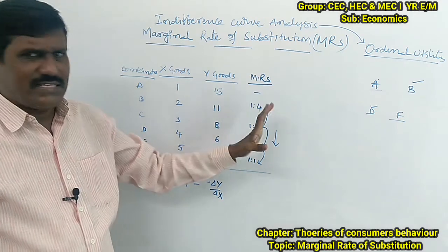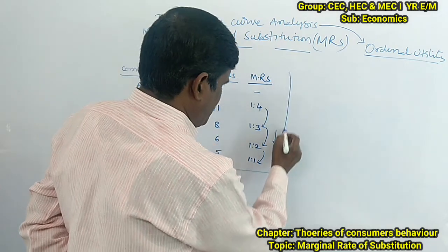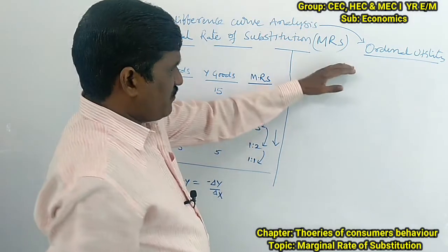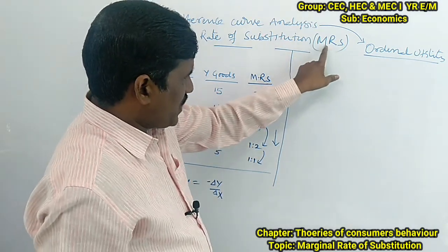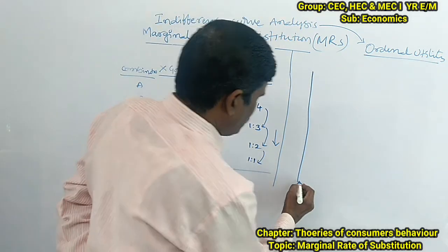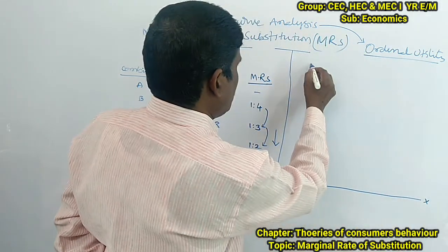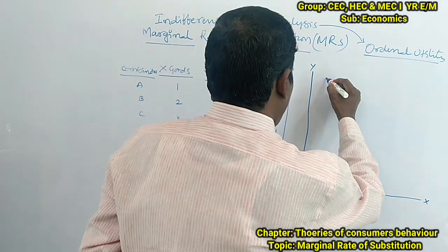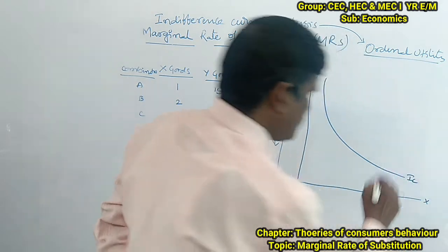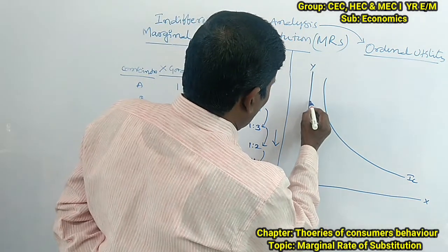So this can be analyzed with the help of a diagram. See this: the presentation of MRS, marginal rate of substitution, with the help of a diagram. This is an IC, meaning indifference curve. Please observe carefully.